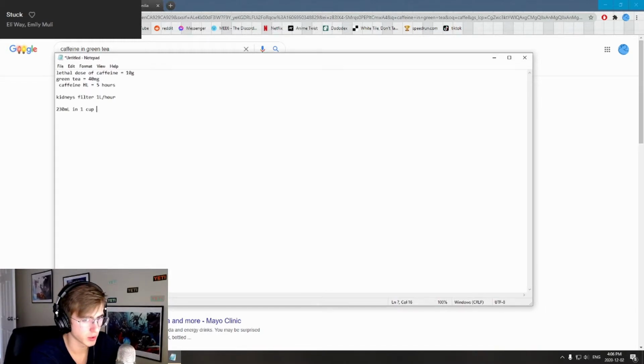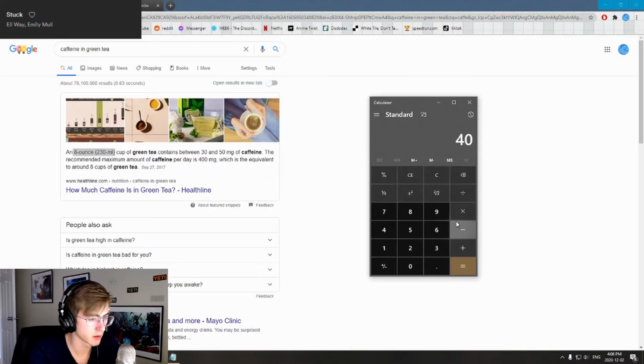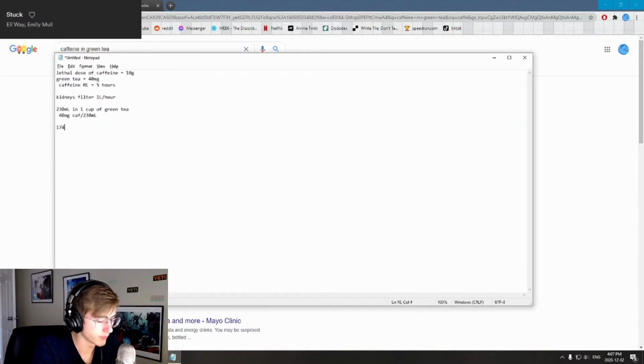If there's 40 milligrams of caffeine per 230 milliliters, 40 divided by 230 equals milligrams per milliliter. We're in milliliters. That times 1,000 is 174 milligrams of caffeine in 1 liter of green tea.